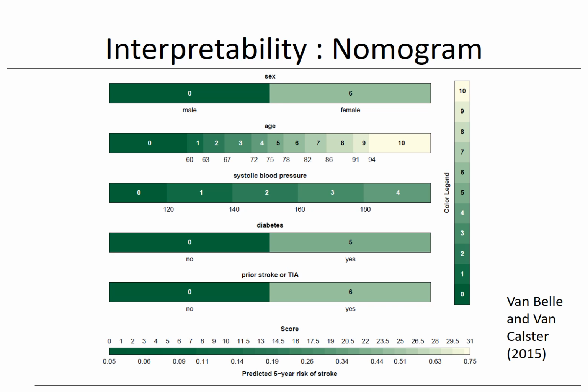In terms of age, we can see that the older you get, the more likely you are to suffer a stroke. Systolic blood pressure also indicate higher blood pressure, more likely to have a stroke. Diabetes patients are also more likely. When you had a prior stroke, you're also more likely. You can see these are very straightforward insights that you can get out of these nomograms in a very easy way.